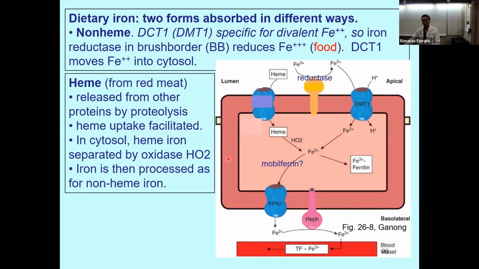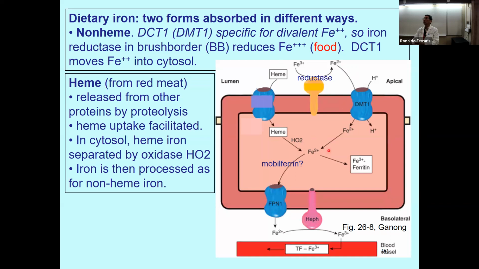And in the cytosol, you have a heme oxidase, which separates the iron, divalent iron, from the heme proteins. So this is the pathway from heme oxidase. Now we have divalent iron from this pathway, the heme pathway, and the non-heme pathway.